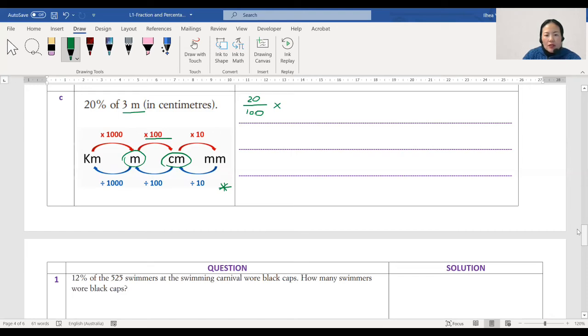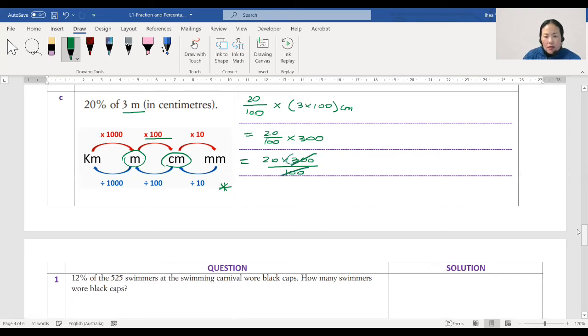Because it says 3 meters to centimeters, I'm going to convert that to 3 times 100, and that'll give me centimeters there. I'll put all that into the denominator, 100. Again, it's good that it's got 100 as the percentage on the bottom, because I can just cancel this.